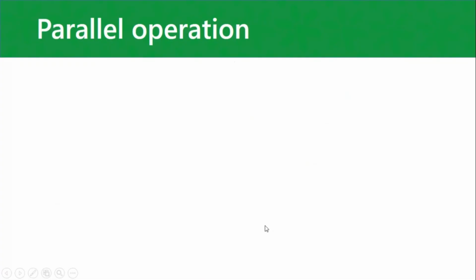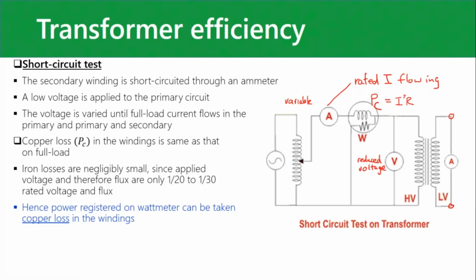So just know that circuit and which value we're measuring on the watt meter, either the constant losses or these variable losses. These will be the variable losses or copper losses, sorry, variable losses, depending on I, in other words.